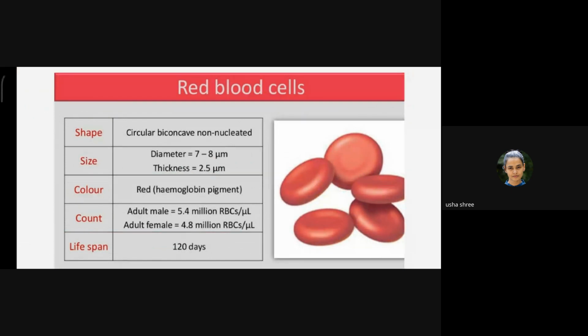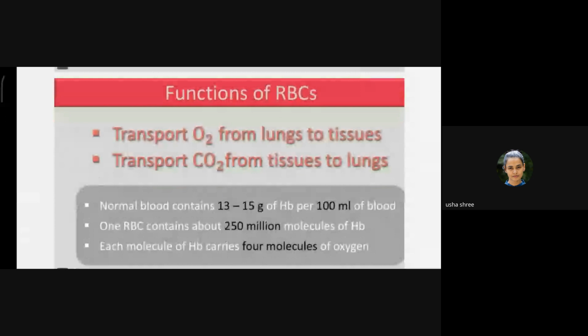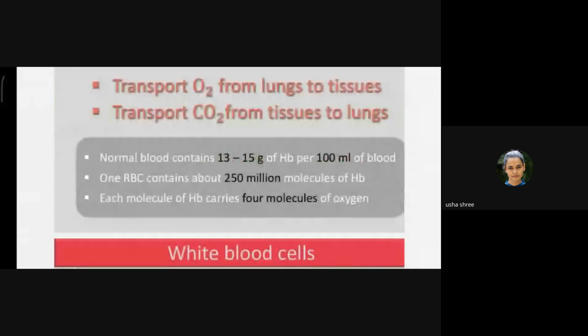This is the count of RBC, 4.5, sorry, 5.4 million and 4.8 million RBC per microliter. And this is the amount of hemoglobin per 100 ml of blood.